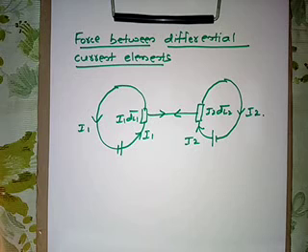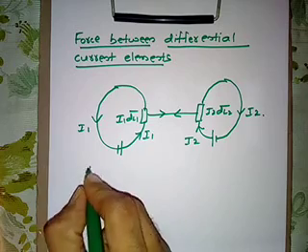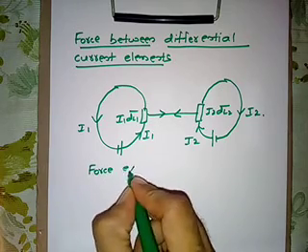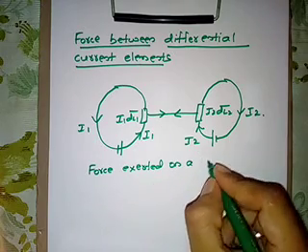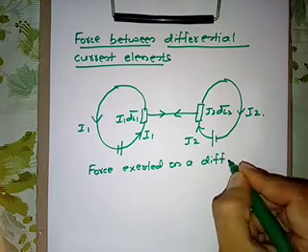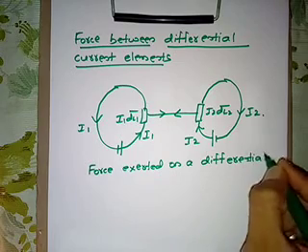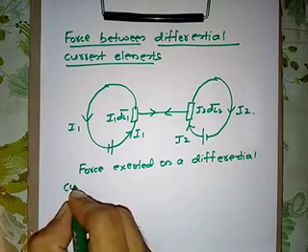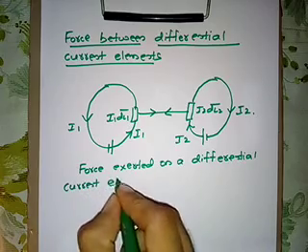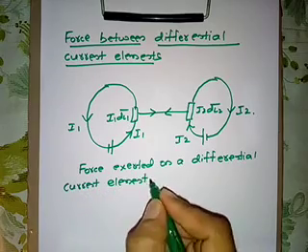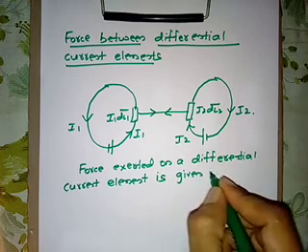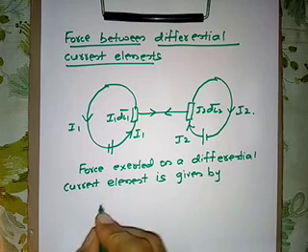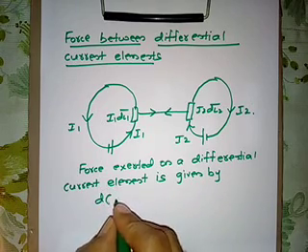So if you want to find the force exerted on a differential current element, the force on a differential current element is given by d of df1 bar.